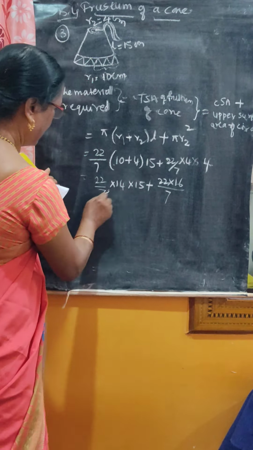7, 7 1s are 7, 2s are 22, 2s are 44 into 15 plus 16, 2s are 32 plus 3 is 35 by 7, that is 15 4s are 60, 15 4s are 60 plus 6 is 66.